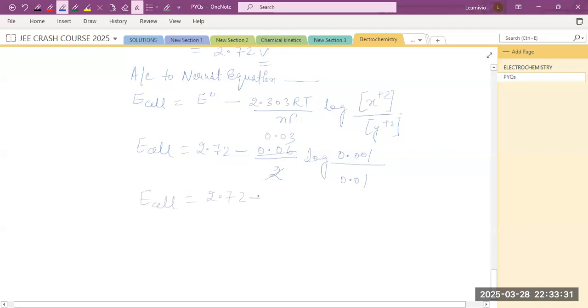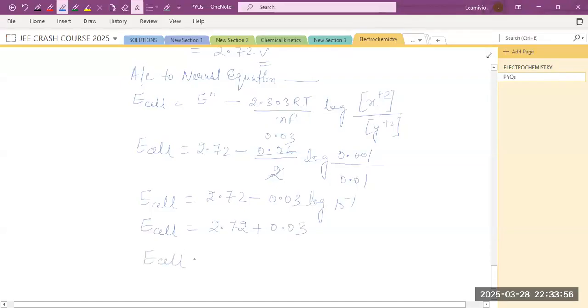So 0.06 upon 2 gives you 0.03. When you solve this, you will get log 10 to the power minus 1, and you know log 10 to the power minus 1 gives you minus 1. So 2.72 and minus minus gives you plus 0.03.